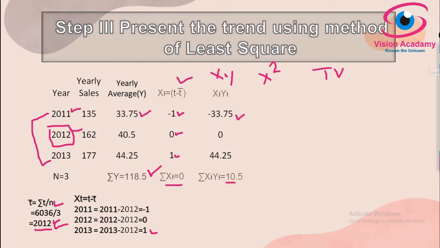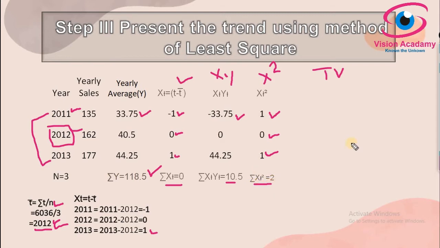Now let us move on to x square. x square is very easy in this case because we have 3 values of x. We have minus 1 into minus 1, which is 1, 0 into 0 is 0, and 1 into 1 is 1. So summation x square is 2.